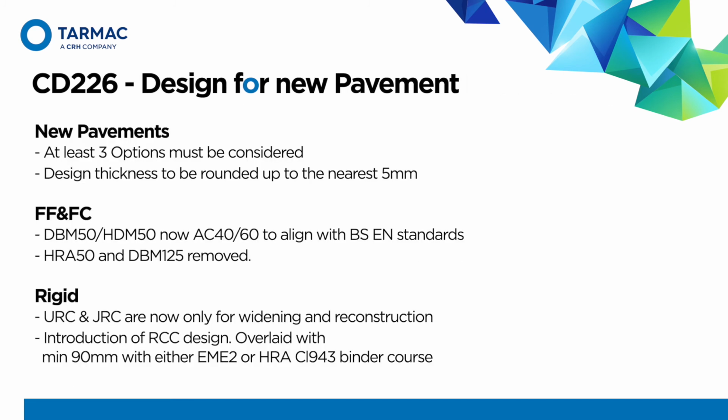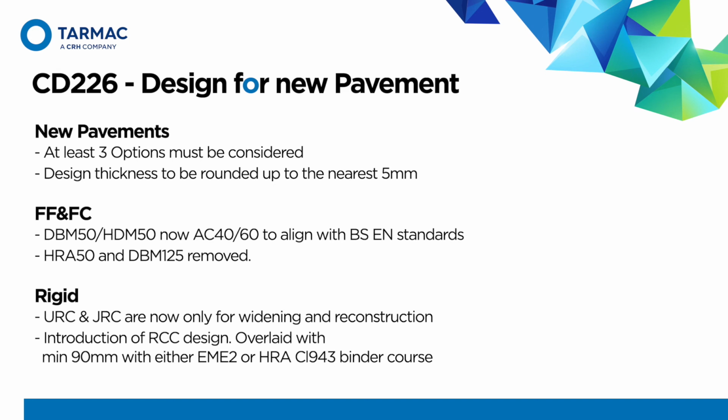Finally, the CD226, the design for new pavement, which was previously HD26, is the document used to calculate the overall design thickness of the pavement. It provides different options: fully flexible, flexible composite, or rigid options.